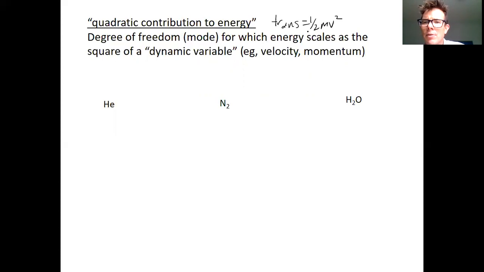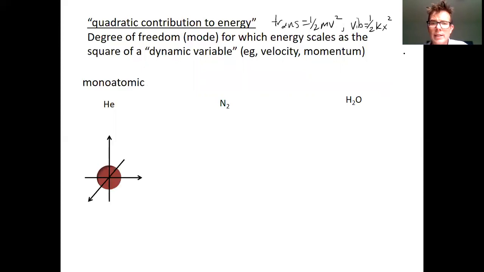Velocity is a dynamic variable, and the translational energy is scaling as 1/2 mv squared. Vibrational, you might remember something like this. Hooke's law, right? The amount of potential energy that's stored in a spring is 1/2 kx squared. That's another example of a dynamic variable. There's one more: translational, vibrational, rotational. Rotational is the other classical one, and there's equations for angular momentum and things like that.